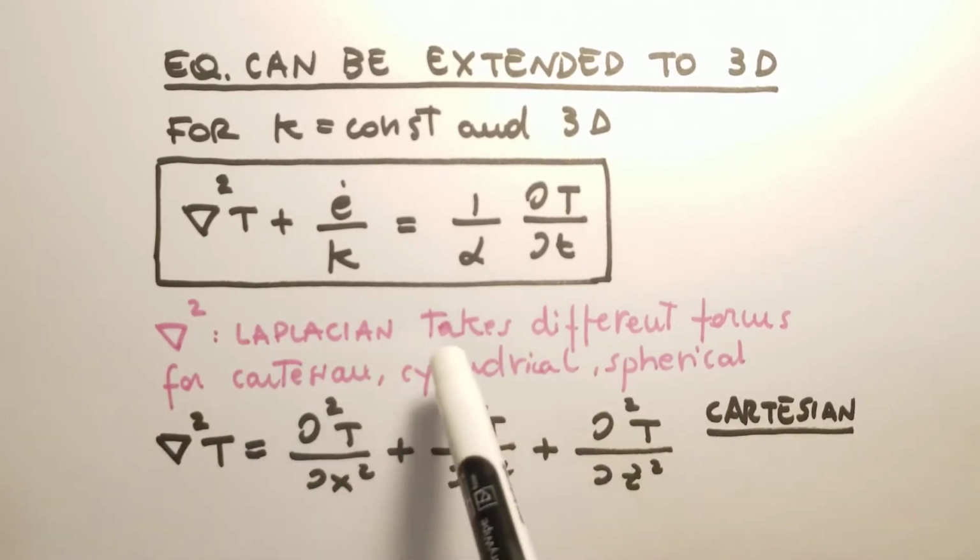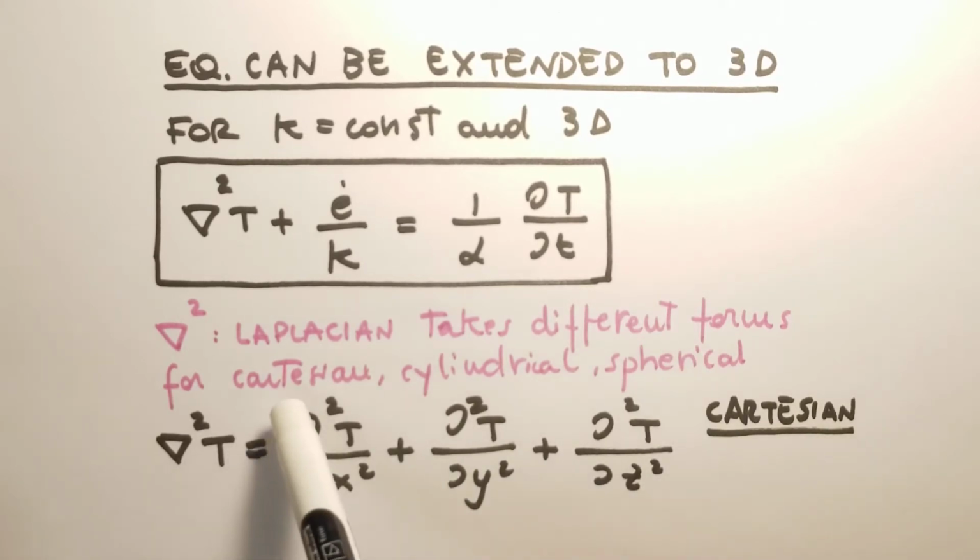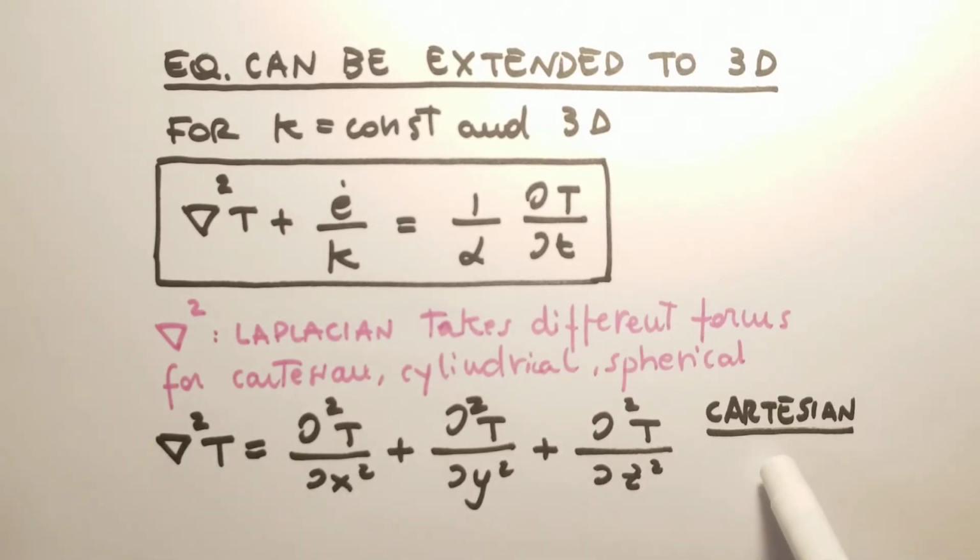And of course, the Laplacian can take different forms if we have a Cartesian, cylindrical, or spherical case. In the case of Cartesian geometry, the Laplacian of the temperature takes this form, so it's a scalar, is the sum of the second derivatives with respect to x, y, and z.